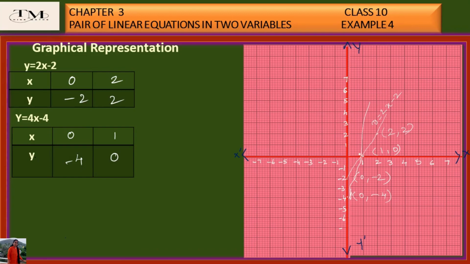My line is not straight, but here it meets at 1 comma 0. Both the lines meet at 1 comma 0. This equation is y is equal to 4x minus 4.